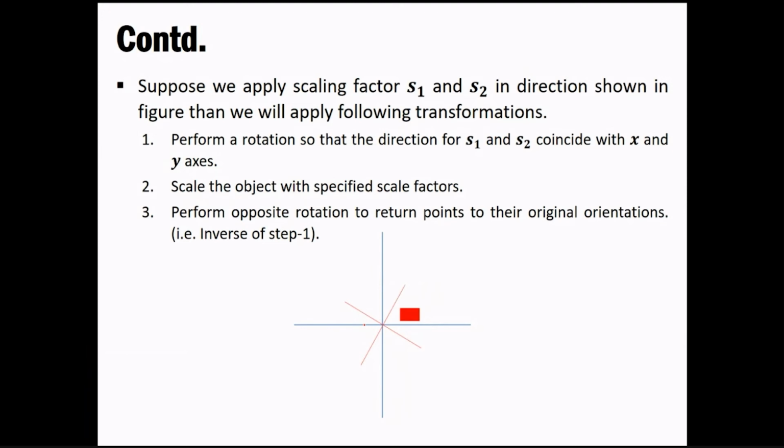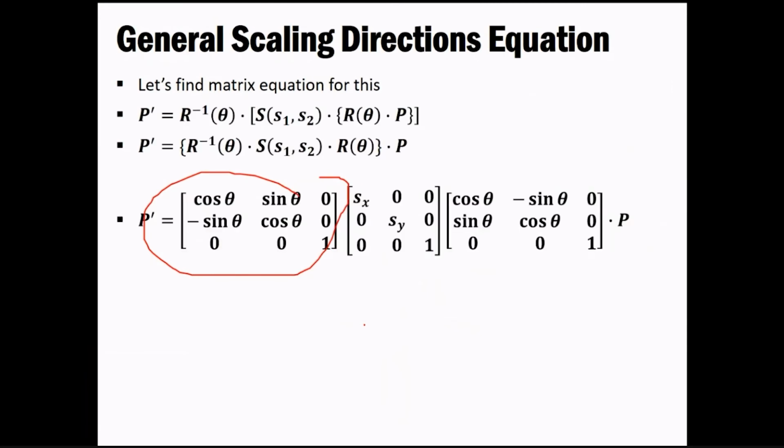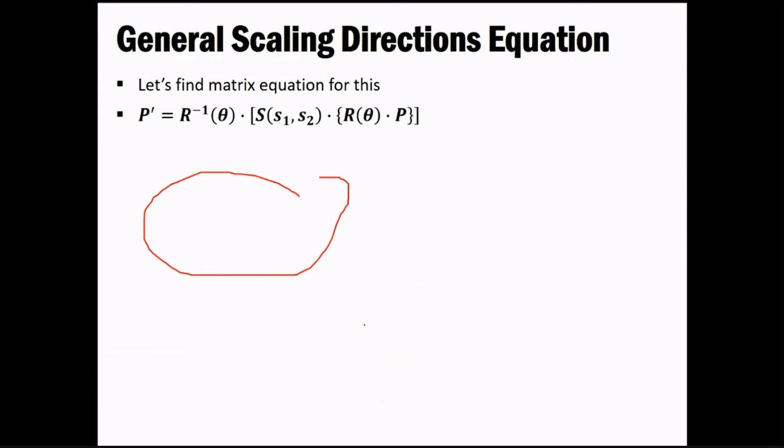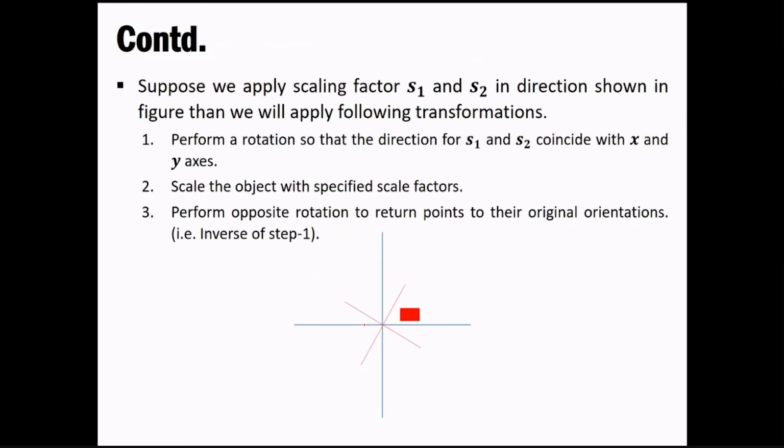To perform all of this, you have to perform the rotation, then the scaling operation, and then the inverse of it. We want to take it back to the previous direction, which is why we perform the inverse operation.